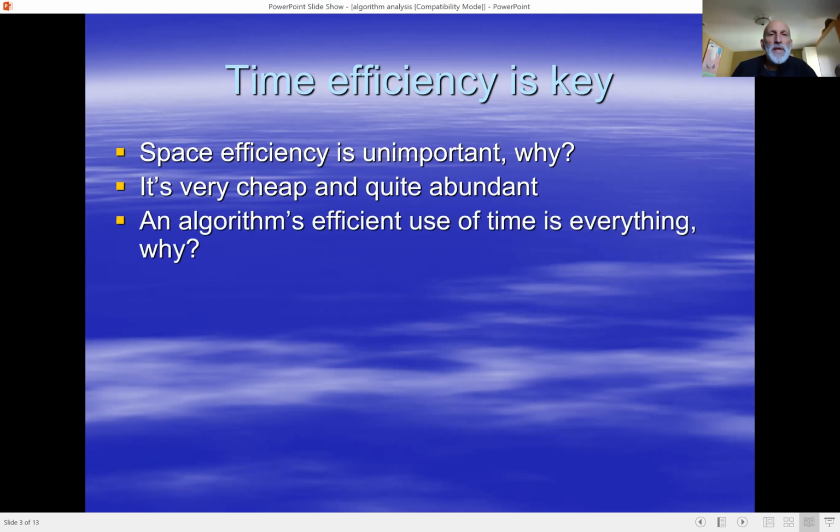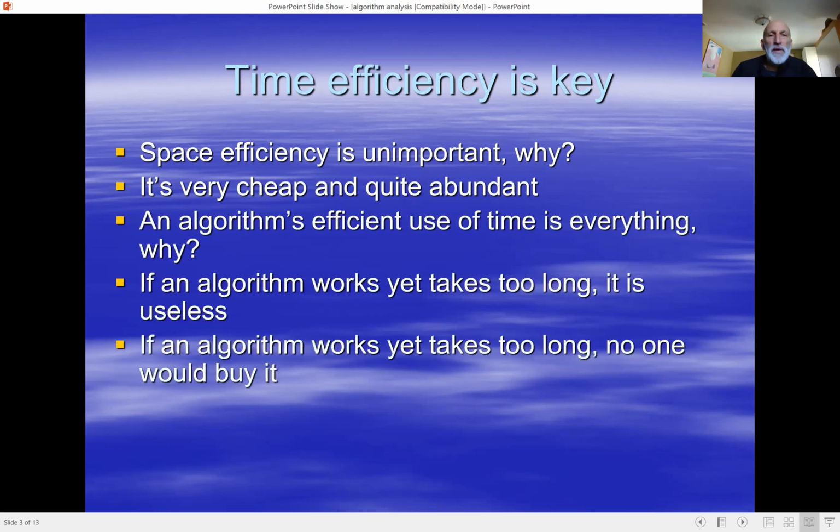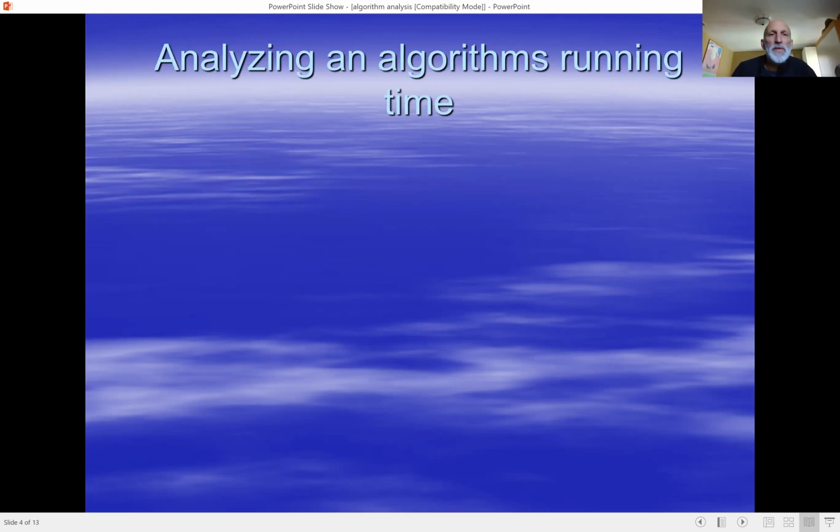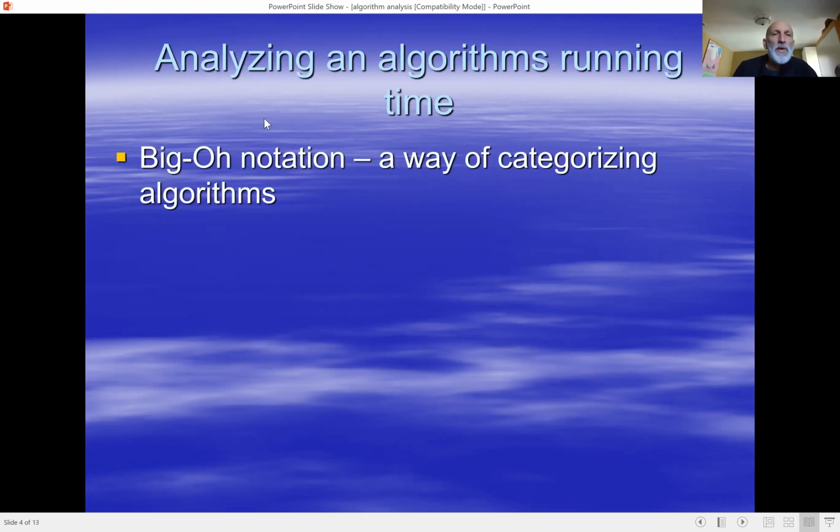What people in computer science do is they have a way of measuring algorithms, and it's called running time. A running time is measured in the following way. It uses what's called big O notation. Big O is a capital O, and capital O is just simply a way of categorizing algorithms.